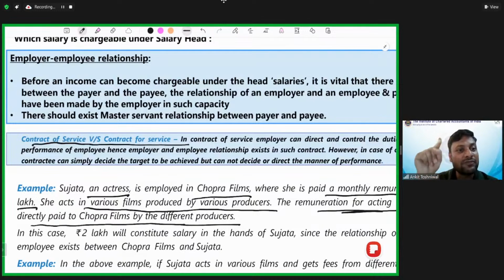Sujata is getting the remuneration from Chopra Films, and Chopra Films is receiving the remuneration from other filmmakers for the services provided by Sujata. So this is a contract of service, and this 2 lakh is taxable under the head salary.